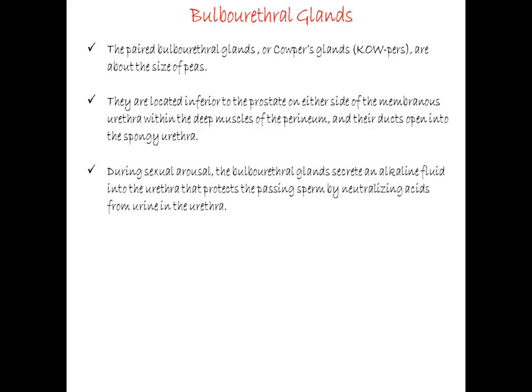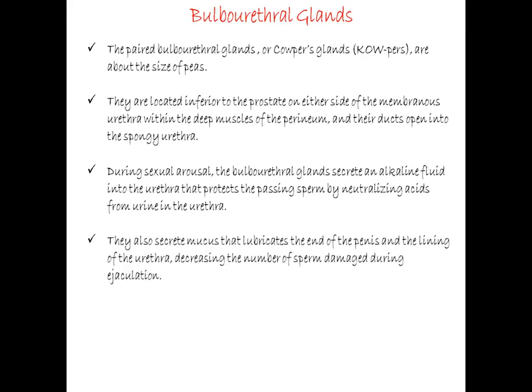During sexual arousal, the bulbourethral glands secrete an alkaline fluid into the urethra that protects the passing sperm by neutralizing acid from the urine in the urethra. They also secrete mucus that lubricates the end of the penis and the lining of the urethra, decreasing the number of sperm damaged during the ejaculation.